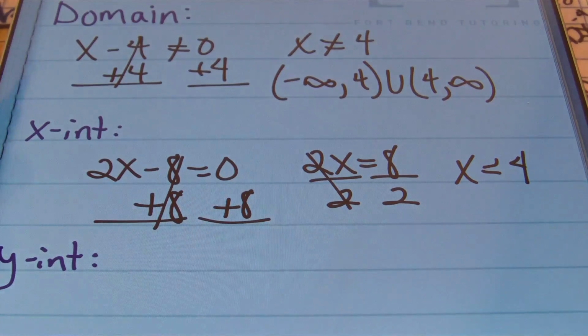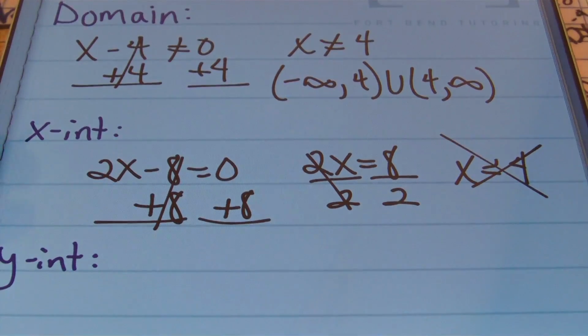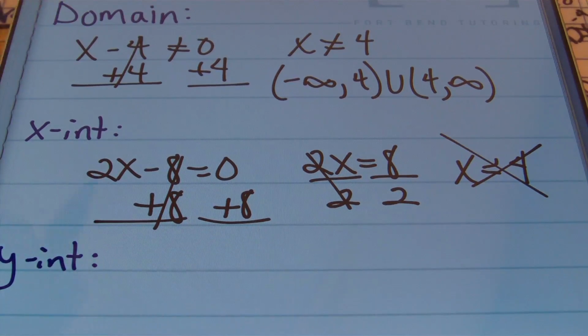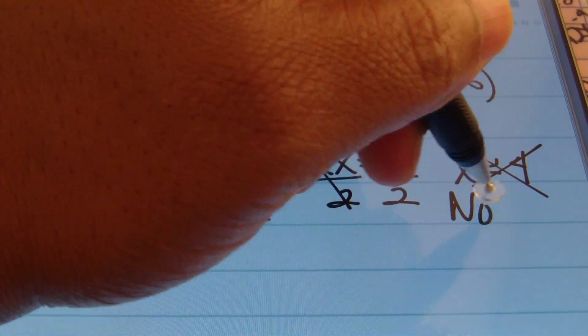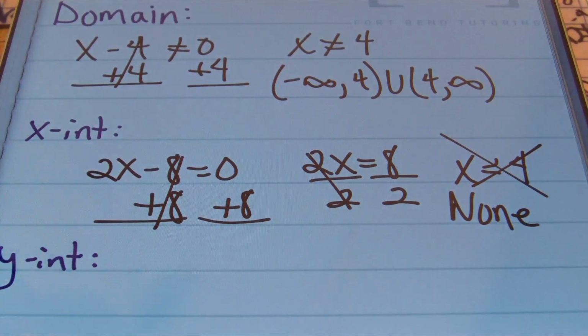Now I want to double check to make sure that's going to fall within my domain. But remember, the domain says that x cannot equal 4. So that means I can't use this. In other words, I won't have an x-intercept for this rational function. So the x-intercept for this problem is none. I won't have any because the value of x cannot equal 4.